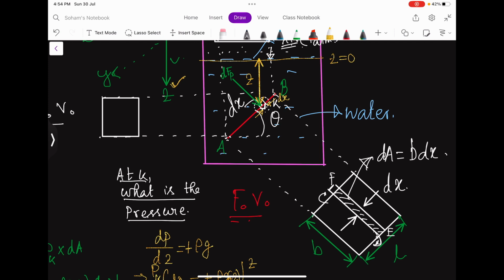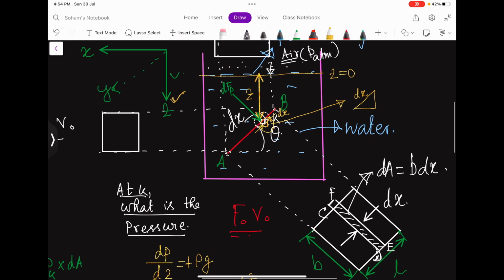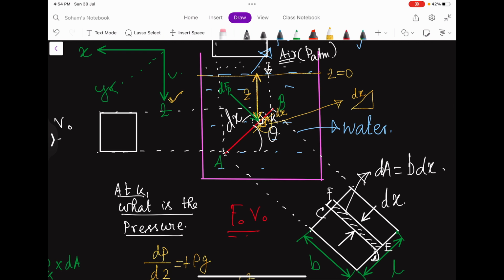Then if I draw a triangle and exaggerate it here, this is dx. Actually I should not take this as dx because this may lead to confusion, because this is the x direction. Just for the time being, assume that this dx and the x direction don't have any relation.